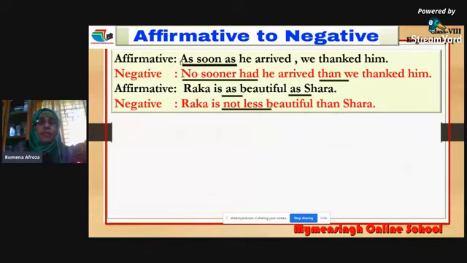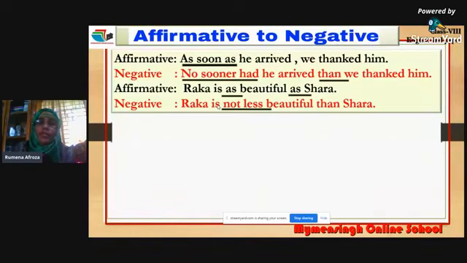In affirmative form, as soon as, and in negative form, no sooner had. If we use no sooner had, then than will be used before the second sentence, that means instead of the comma. Okay, the next example is, "Raka is as beautiful as Shara."